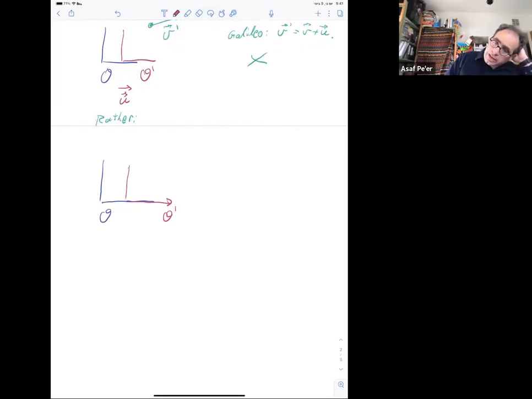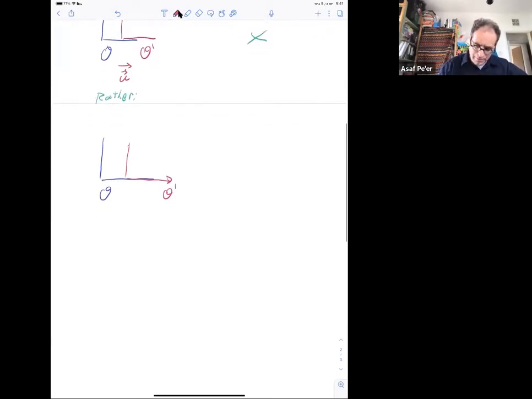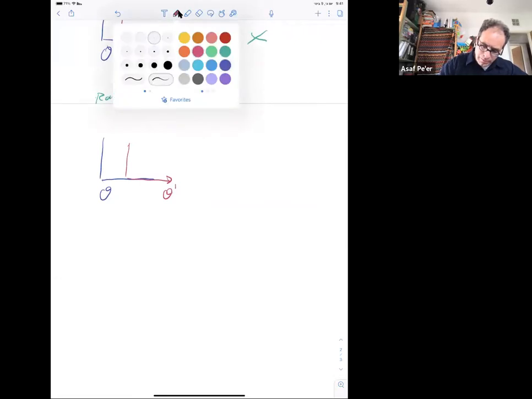Now, any observer denotes any event, and this is something quite useful for you to remember from the start. In relativity, it's easiest to think in terms of events. So any observer denotes an event by four coordinates, right?